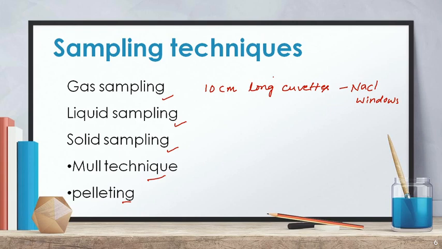The path length of the cells can be easily varied over a long range. In these specially designed cuvettes, the internal surfaces are made reflective, whereby the radiation can be made to travel through the sample many times before coming out of it.